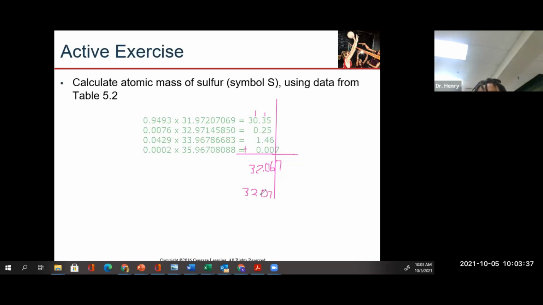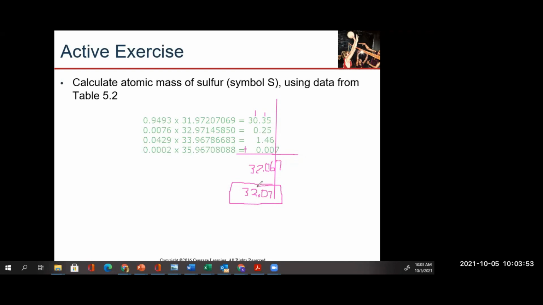That's my answer, which is pretty close to what we got on the periodic table, which is 32.06. You see how that works? Yes. Okay, good.